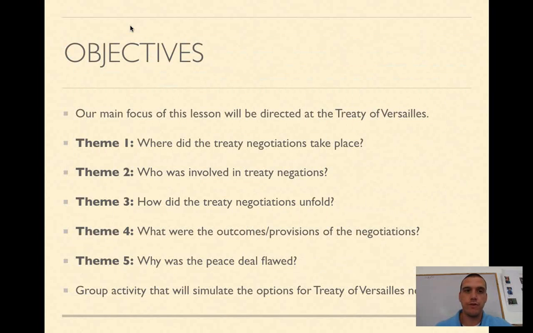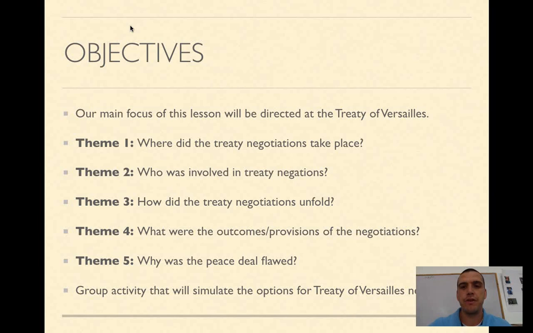So, here's what we're going to do. We have 5 main themes, okay? And the first thing that we're going to talk about is, let me back up a minute. Our main focus of this lesson is going to be on the Treaty of Versailles. I know if you've looked in your book in section 4, a lot of it covers President Wilson's 14 points, and I hope to come back to those later.